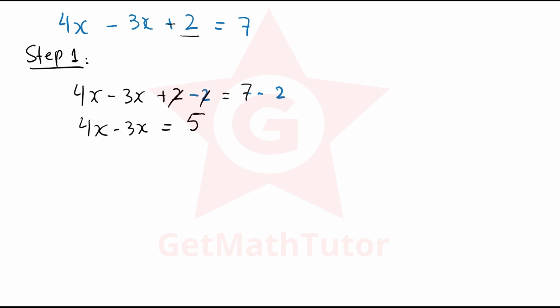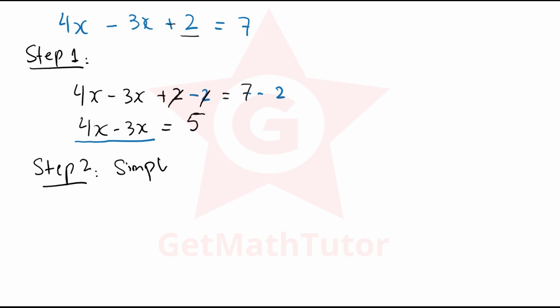Now in the second step, like the previous equation, we would have divided both sides by whatever is being multiplied with x. But look at this equation, look at the left hand side. You have 4x minus 3x. So using algebra, we can simplify this. Okay, so in step 2, we will now simplify.